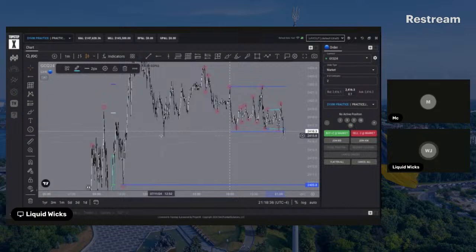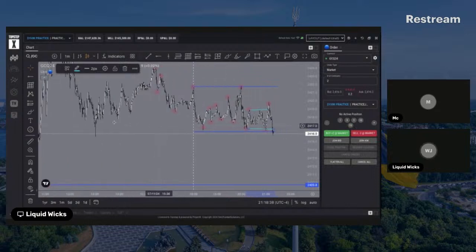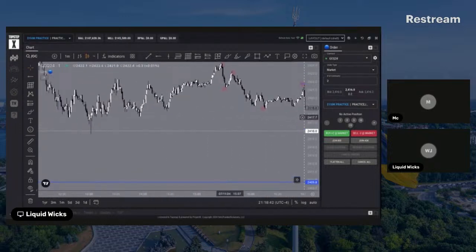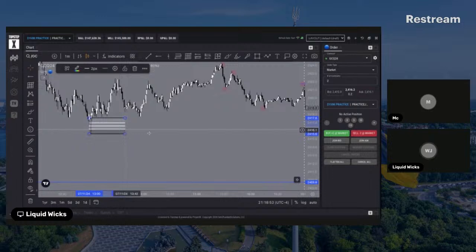So we got this long wick back here. It's right at the 30 right now.